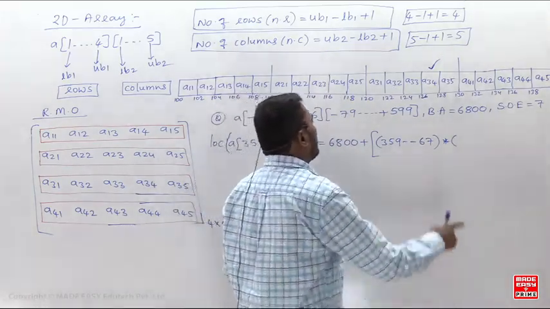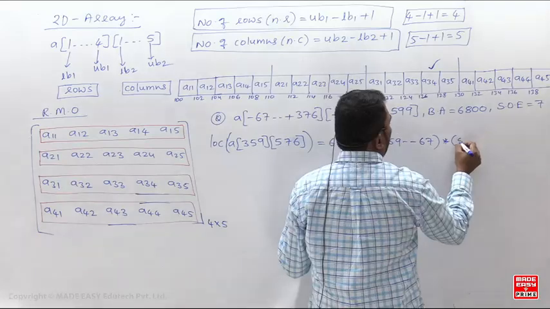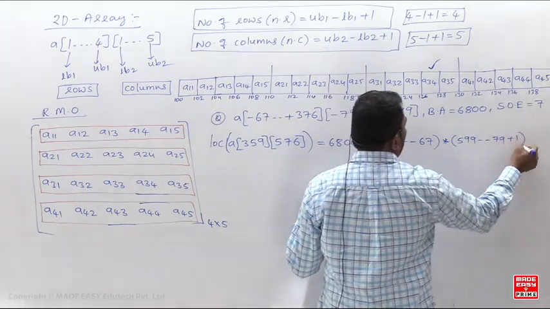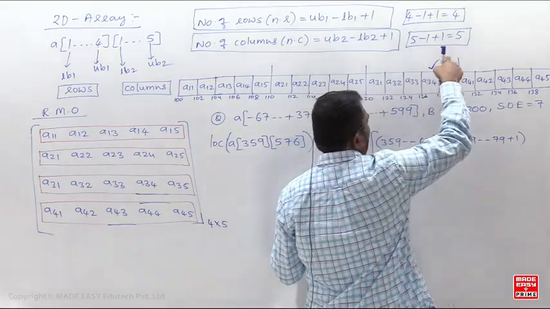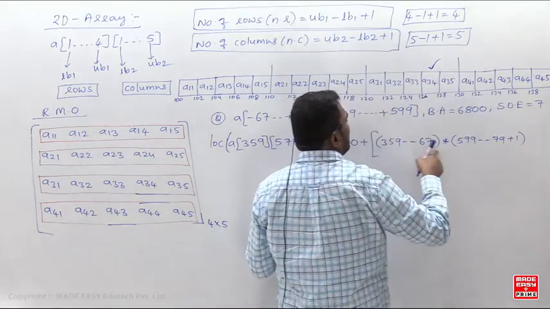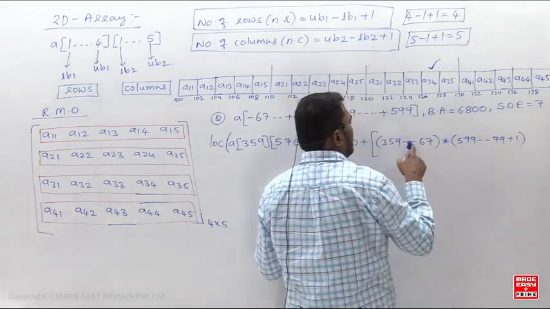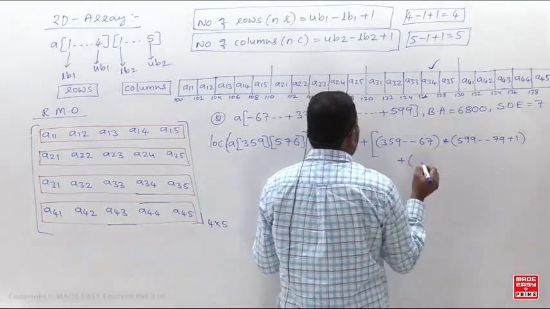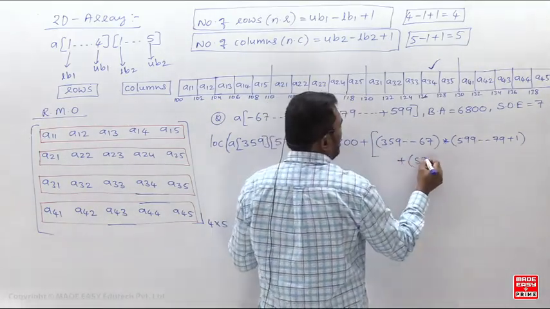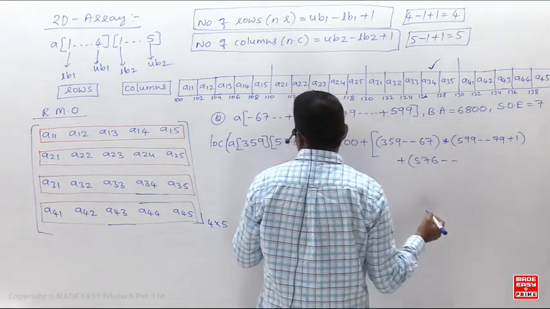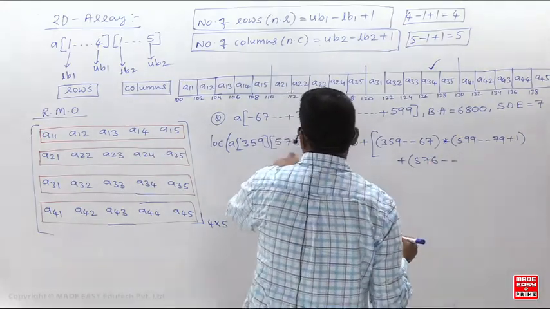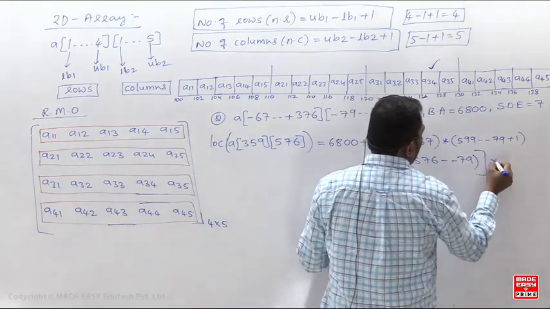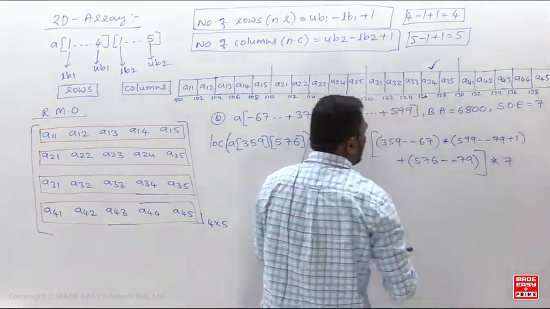That is the same as the number of columns: 599 minus 79 plus 1. The direct formula is given for the number of columns. So this many rows are there and every row is having this many elements. Plus next, the column number, 576. So how many columns do you have to cross? 576 minus 79. So this many elements you have to cross, and the size of the element is 7.